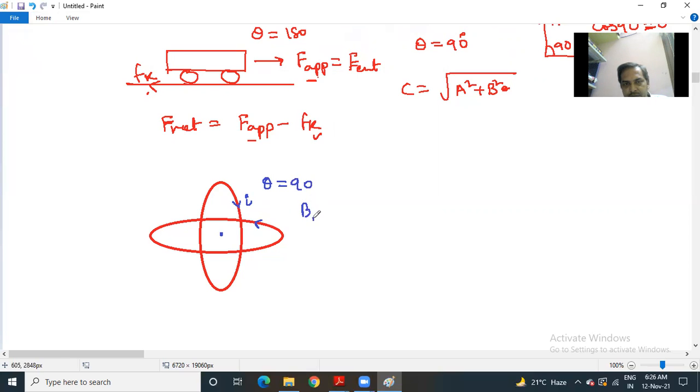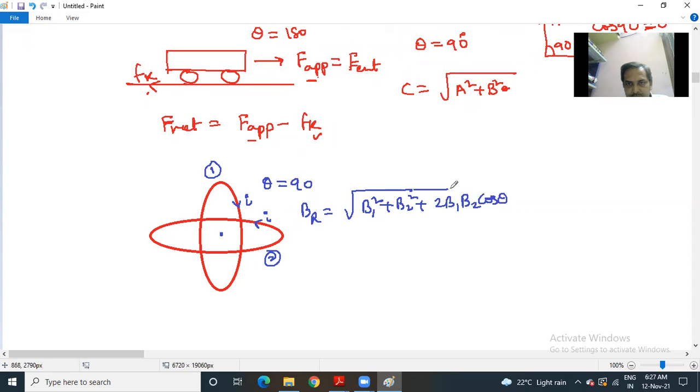So once again use BR is equal to root over, magnetic field due to the current in coil 1, this is circular coil 1, this is circular coil 2. So B1 square plus B2 square plus 2B1B2 cos theta. So since theta is 90 between the directions of the fields, this quantity gets vanished.